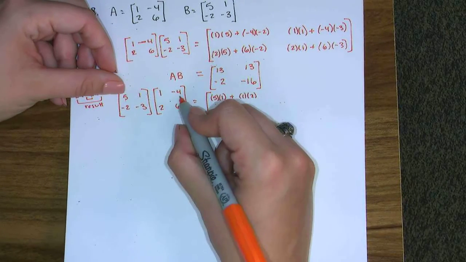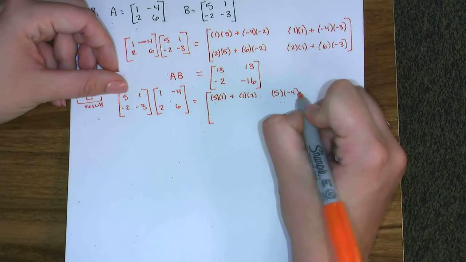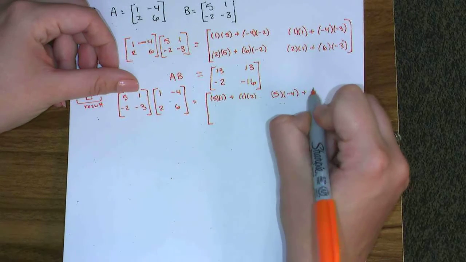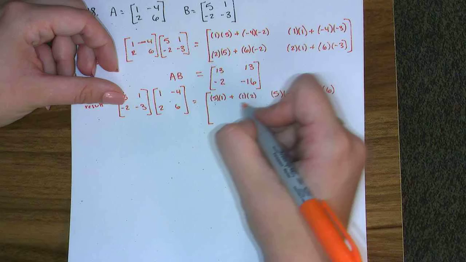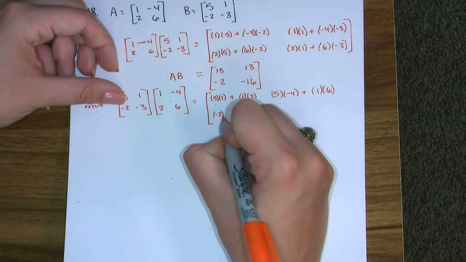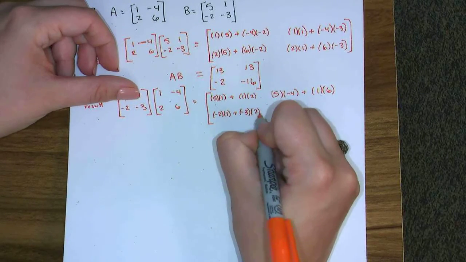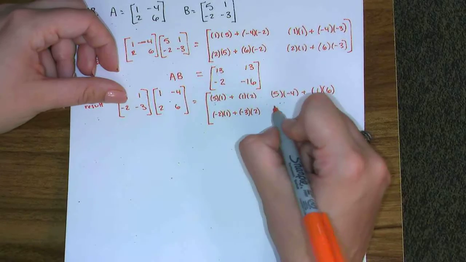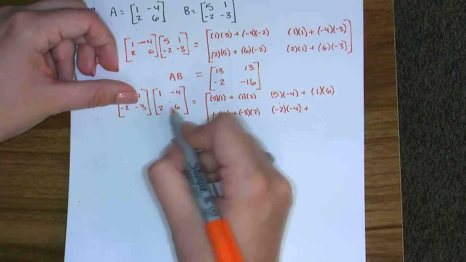Then 5 times negative 4 plus 1 times 6. Negative 2 times 1 plus negative 3 times 2. Negative 2 times negative 4 plus negative 3 times 6.